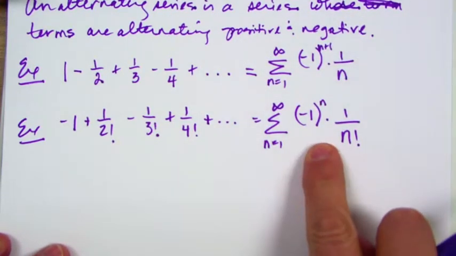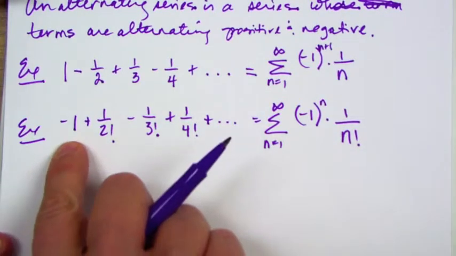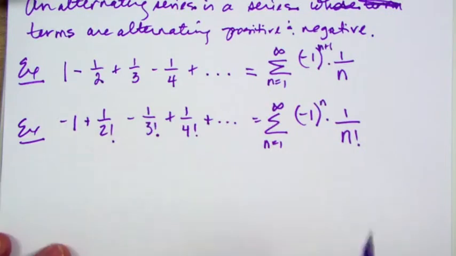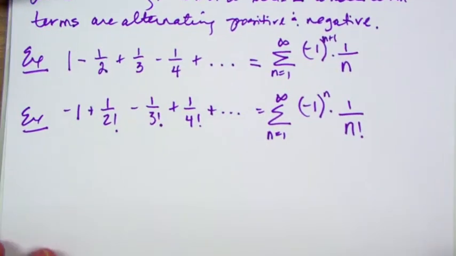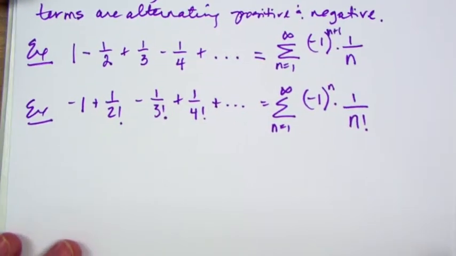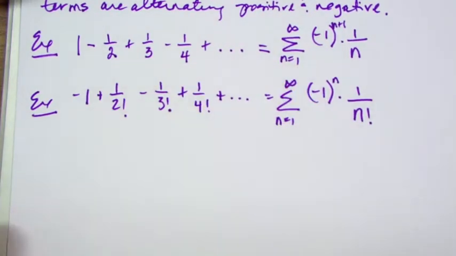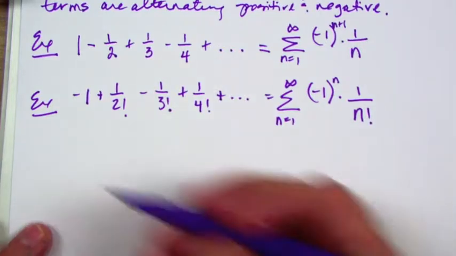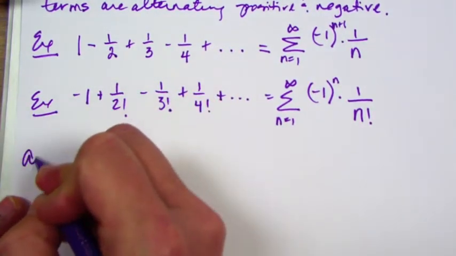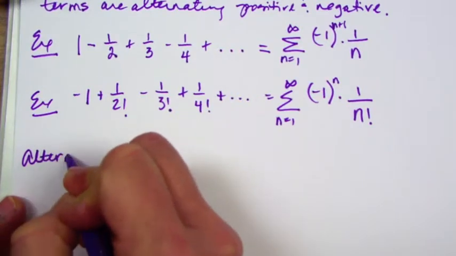It needs to be to the n, not the n plus 1 or n minus 1, because the first term was negative. Okay, so once again, what I'm interested in is whether this thing converges or diverges, right? All right, so we'll write down the definition and then we'll go from there.